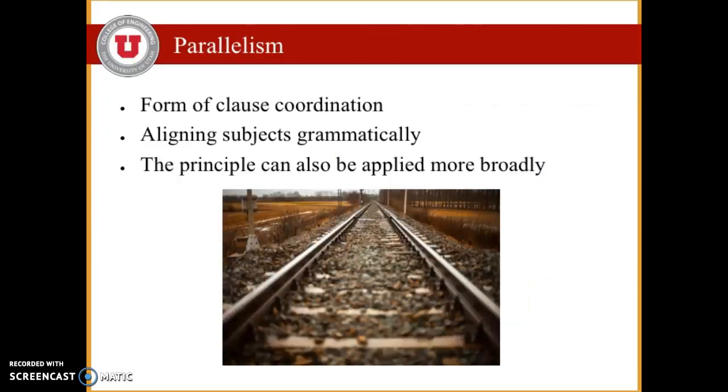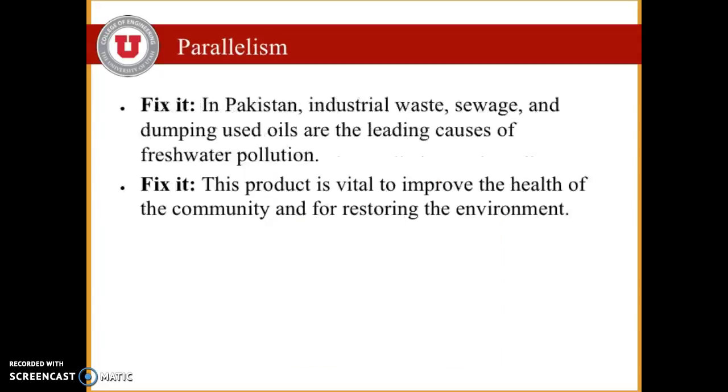So at its most basic form, parallelism means you're coordinating your clauses or your items in the list, you're aligning your subjects grammatically. Of course, the principle can also be applied more broadly in how you construct a paper, so exhibiting parallel section structure or parallel paragraph structure or sentences that sort of mimic the same type of structure that work for you. But we're focusing on the sentence level here in terms of parallelism.